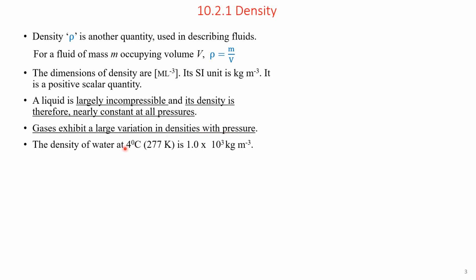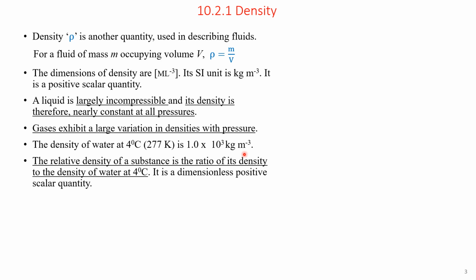The density of water, that is the standard, at 4 degrees centigrade, that is 277 degrees Kelvin, is 1.0 into 10 to the power of 3 kg per meter cube. The relative density of a substance is the ratio of its density to the density of water at 4 degrees centigrade.